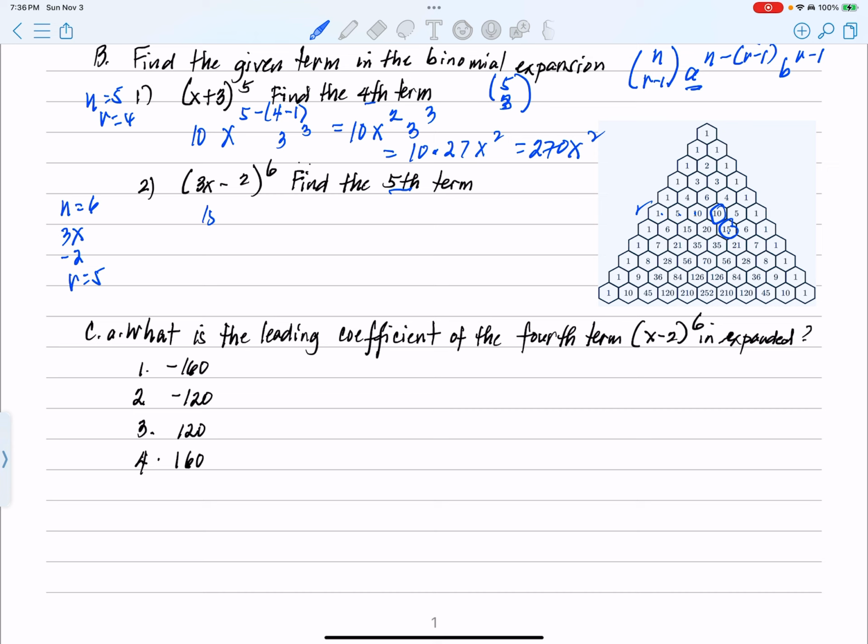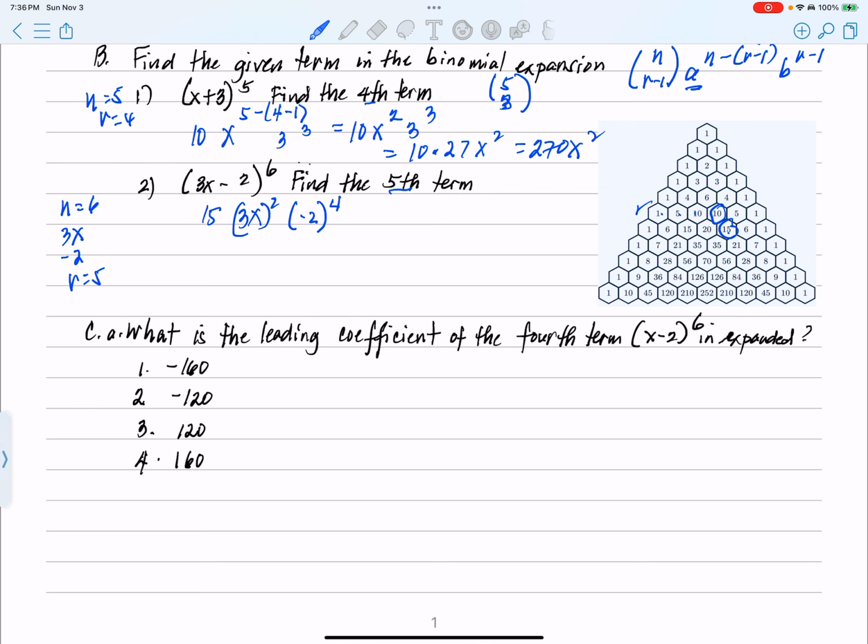Then our first term, the exponent should be the n, which is 6, minus the r, which is 5 minus 1, that's 4. So 6 minus 4, that is 2, to the second power. Okay? And then the negative 2 has the exponent 4.